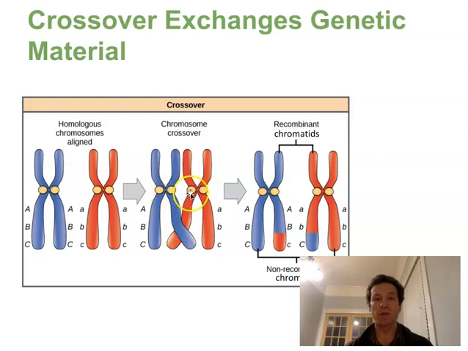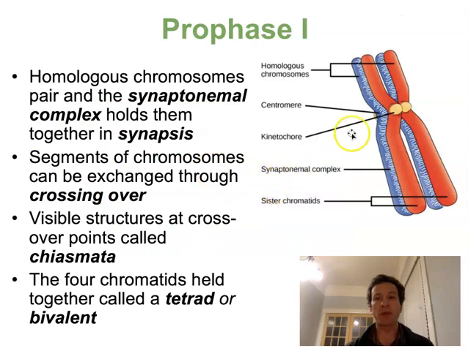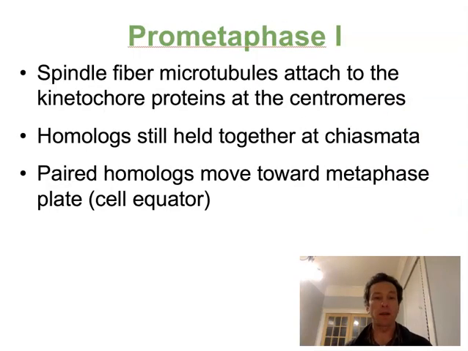So when this one moves, this one will be moving with it. When they move, it probably looks a little bit more like this, where they're still going to be tightly paired with one another. And these chromosomes will move towards the metaphase plate, which your book refers to as the equator of the cell.